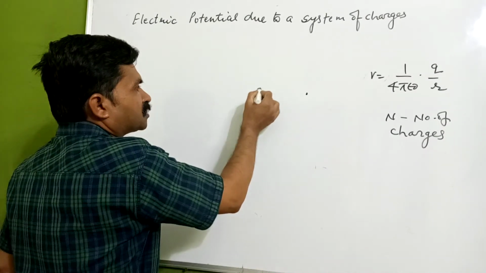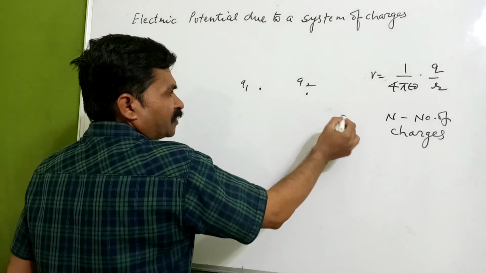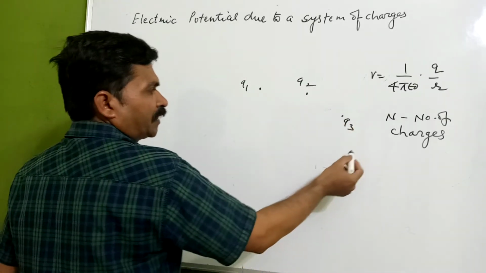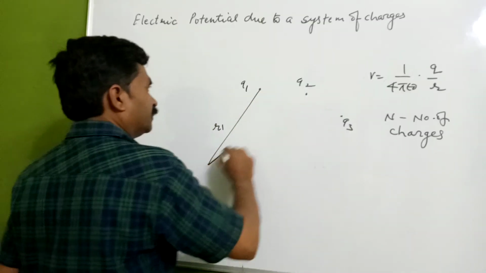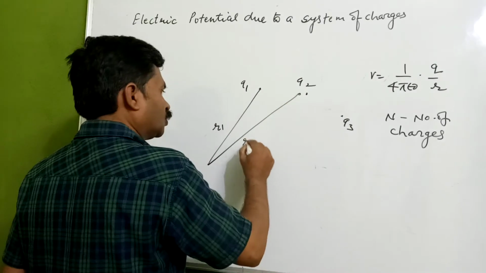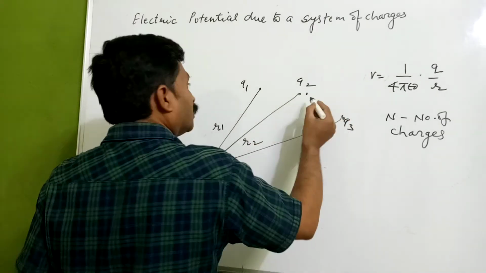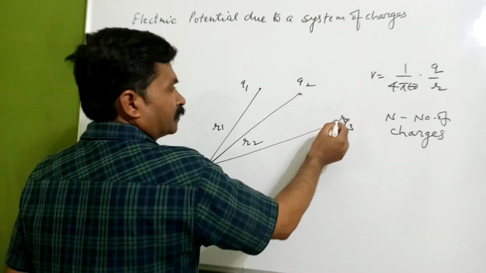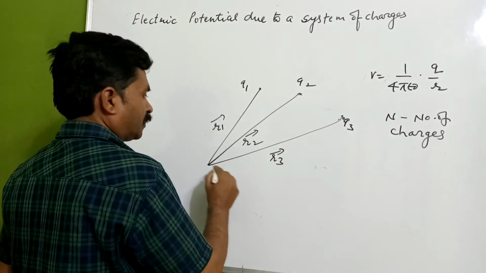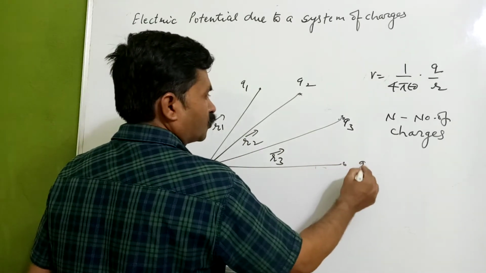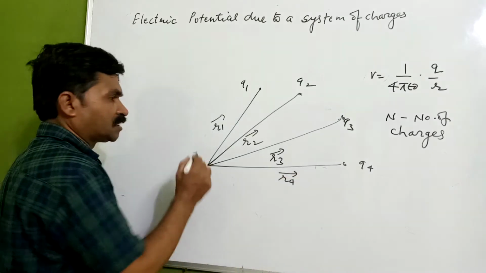Suppose this is charge Q1, this is Q2, this is Q3, at distances, in terms of position vectors, R1, R2, R3, and this is Q4 at R4.